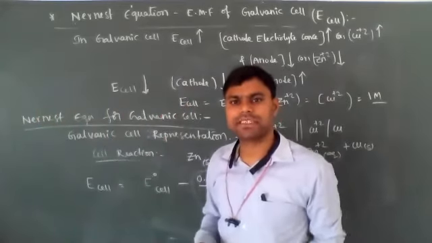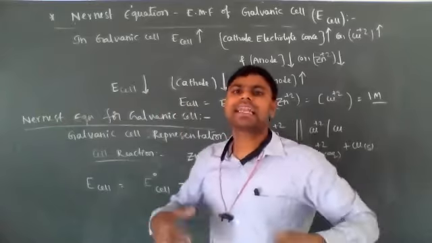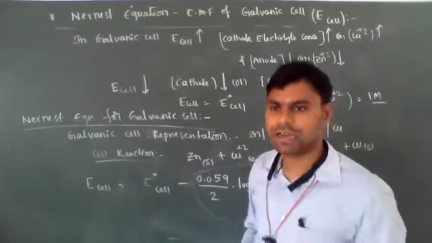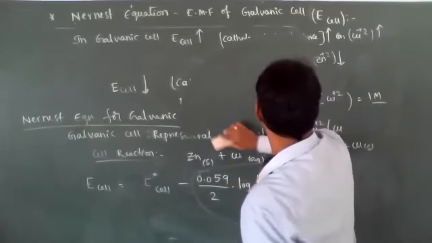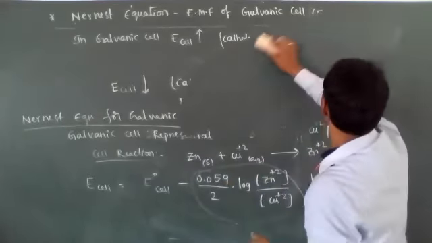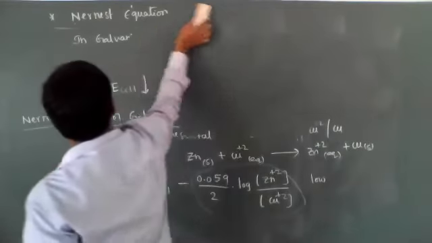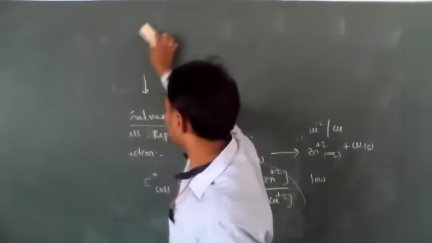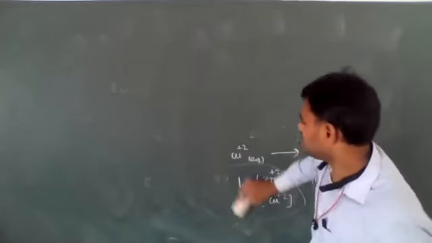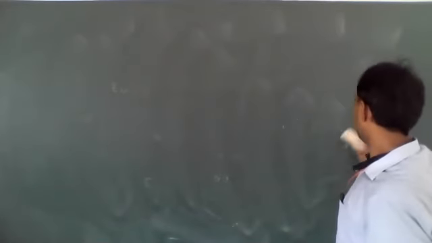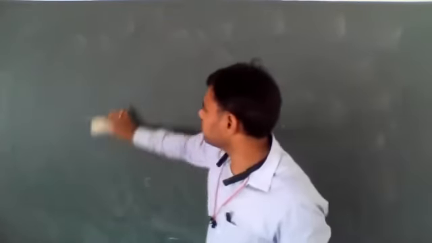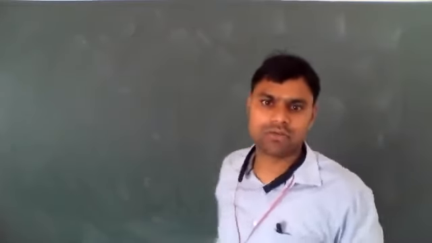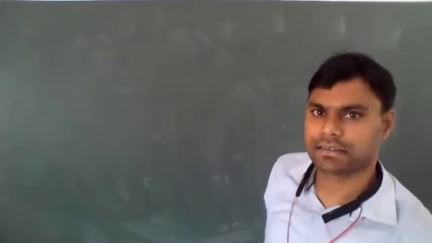This Nernst equation is also applicable for single electrodes. Single electrodes means the Nernst equation is applicable for cathode as well as anode. Then in that case, how to calculate the EMF or electromotive force of a single electrode?